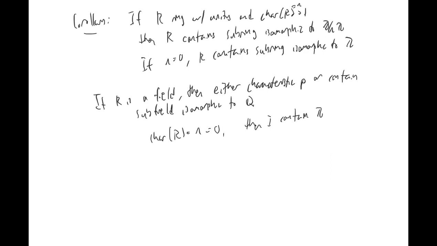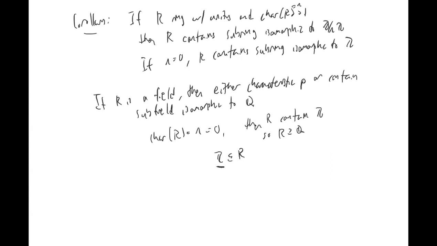So R contains Z. That's one way to argue it. Another way is to argue by the field property. If R contains Z, so Z is a subset of R, well, R is a field, so every element in R, in particular every element of the copy of Z, must have an inverse.